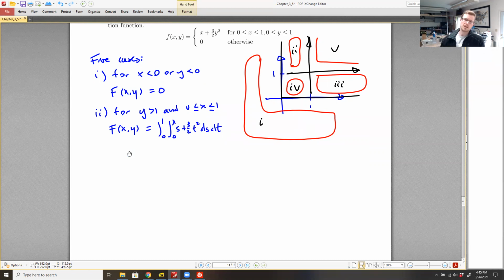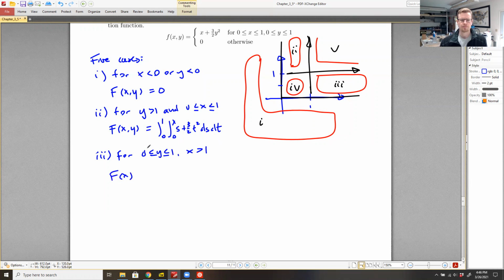Now go ahead and use Mathematica to evaluate that integral to actually find out what the function is supposed to be. Okay. Region 3, I end up over here if I have some specific y value that's between 0 and 1. So this is for y values between 0 and 1, and x values that are greater than 1.